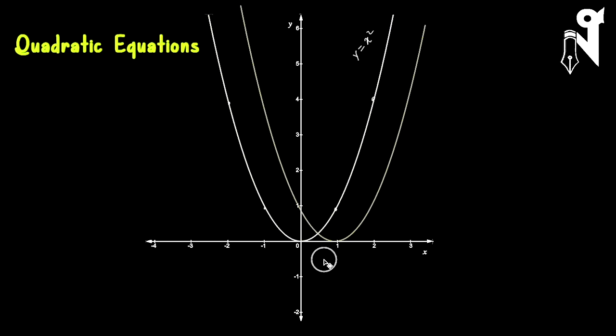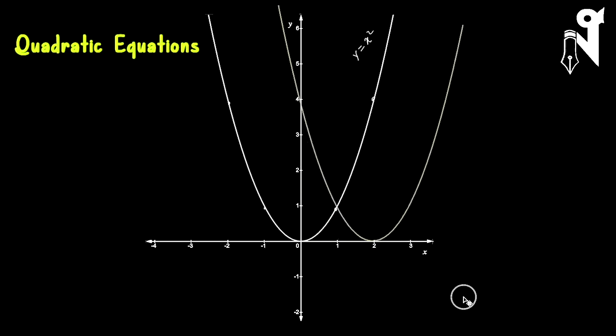And you shift it to the right, then this becomes y is equal to x minus 1 the whole square, and over here it becomes y is equal to x minus 2 the whole square, which is y is equal to x square minus 4x plus 4. It's touching the x-axis at 2 and cutting the y-axis at 4.